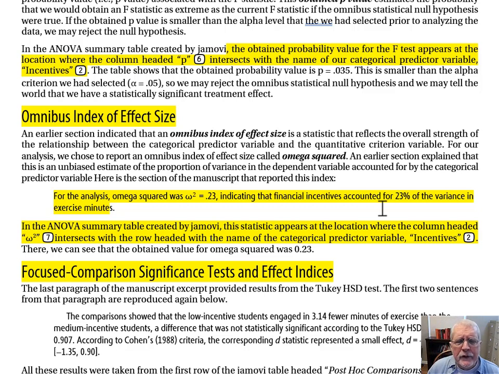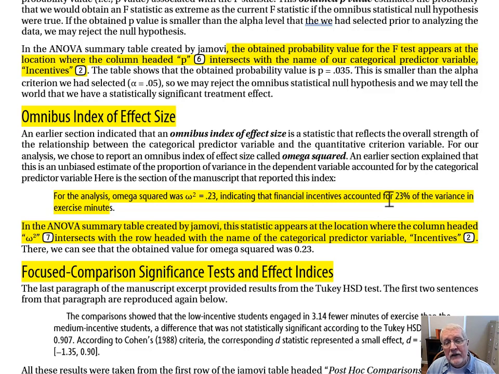So I've reported results pertaining to the overall effect. I know there is a statistically significant relationship between incentives and minutes of exercise, but now we're going to dig deeper. Now we're going to look at the focused comparison significance tests and effect indices. Which specific conditions were significantly different from other specific conditions?